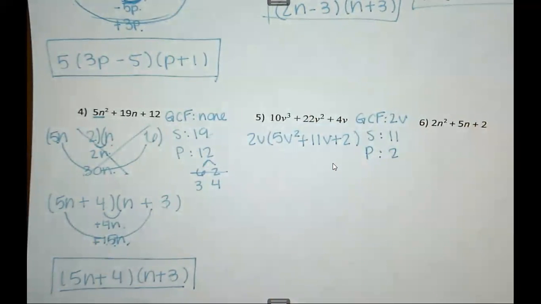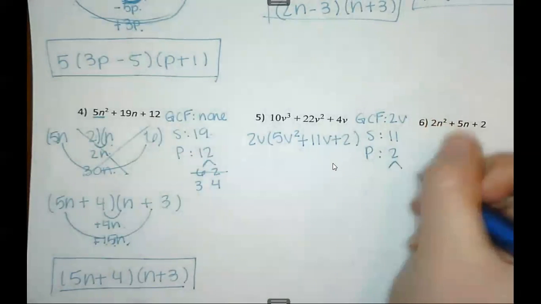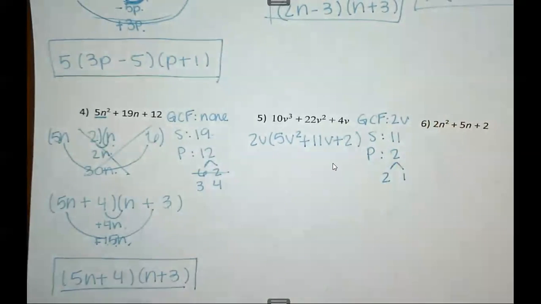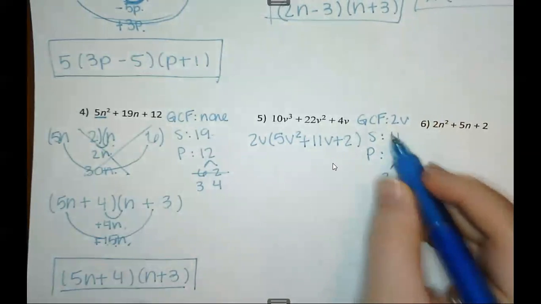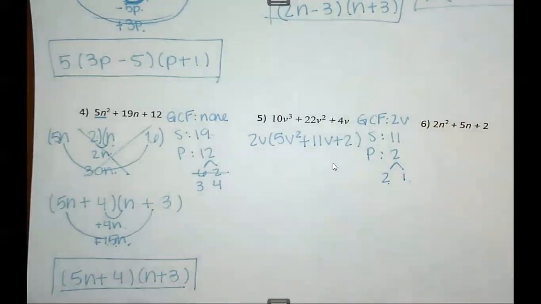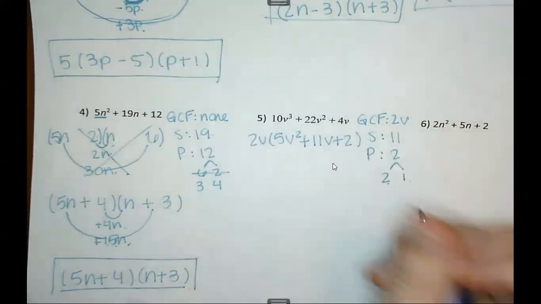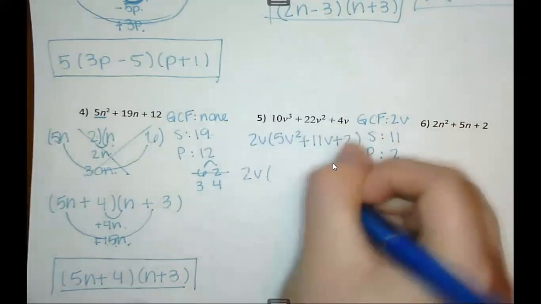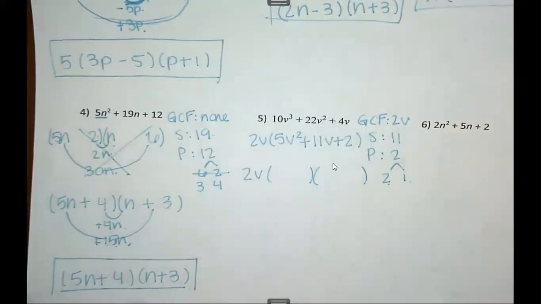So we need something that multiplies to give us 2. Our only options would be 2 and 1. But 2 plus 1 does not give me an 11, so we're going to have to make sure we check the inner and outer. So we pull down our GCF, and we make our 2 sets of parentheses. We need something that multiplies to give us 5V squared.